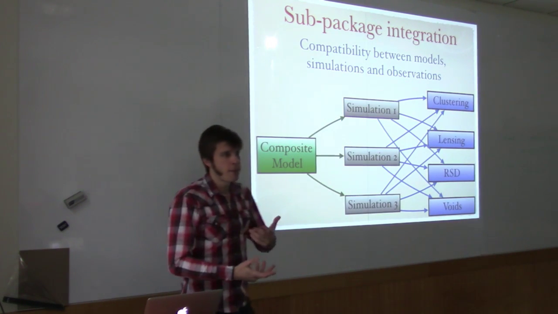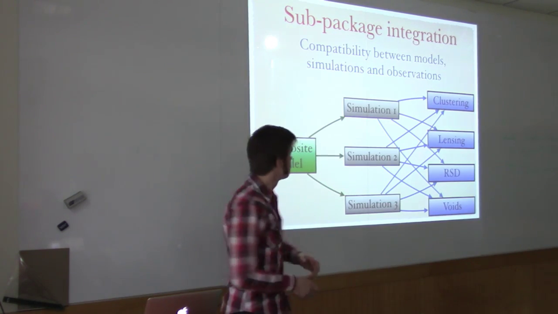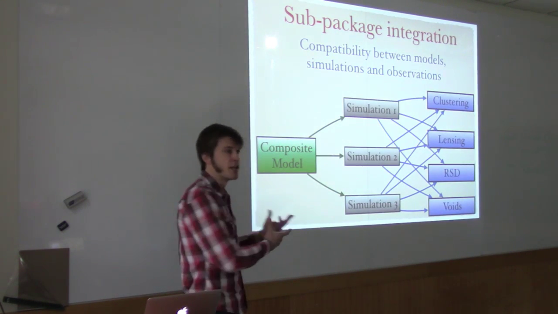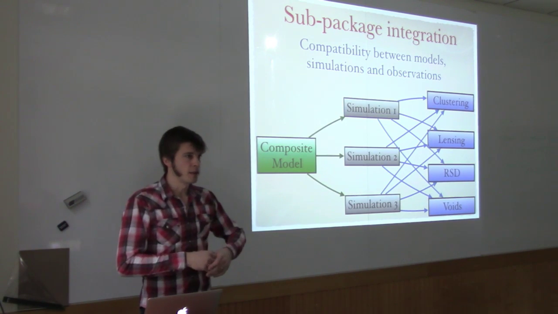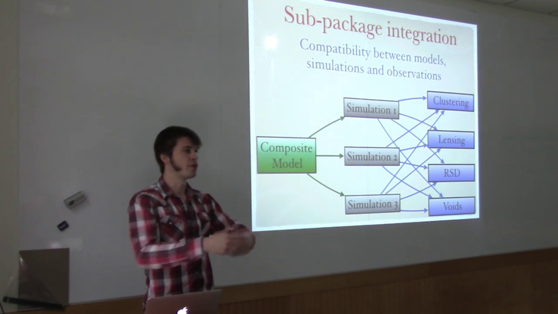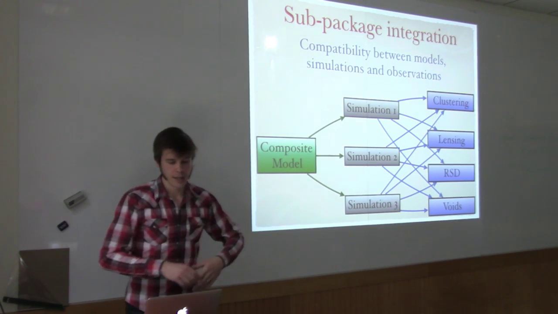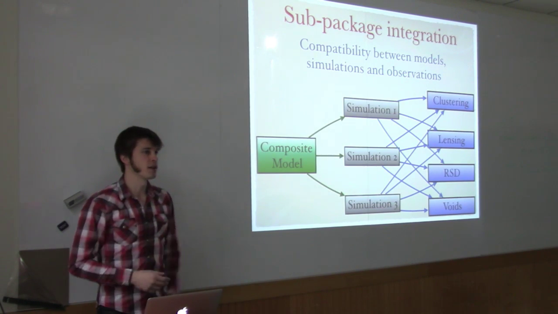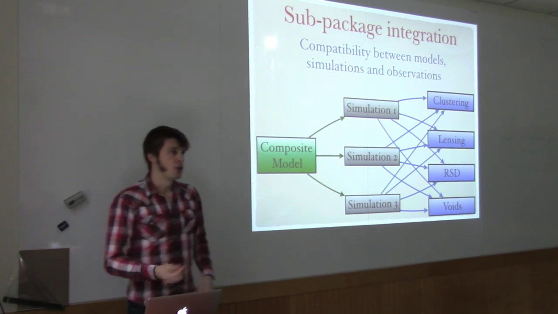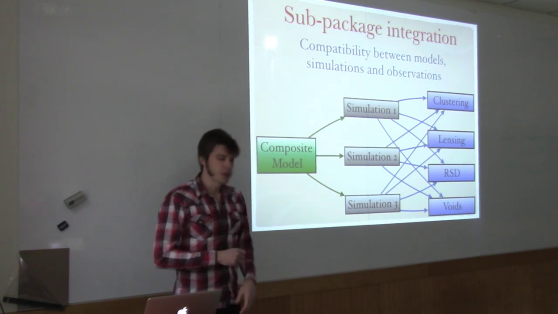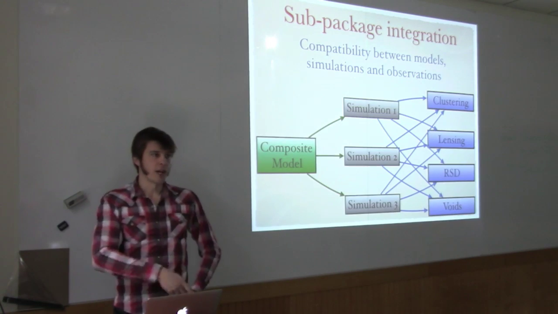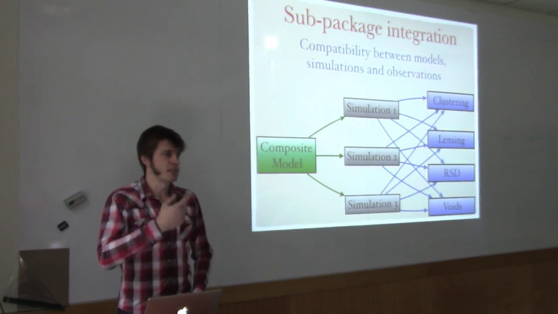Each of these individual subpackages works perfectly fine on its own, but they're also designed to be integrated together, such that any Halotools composite model can take as an input any Halotools formatted catalog and then generate any one of these summary statistics from it. You can swap out individual simulations, just like you can swap out individual modeling features. And you can swap out different summary statistics in the same way.